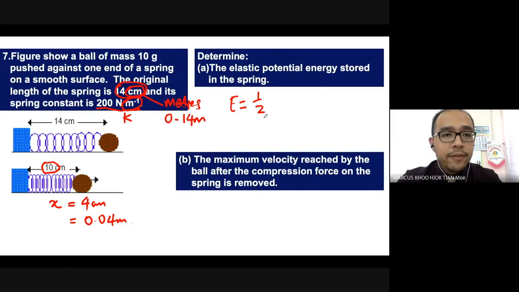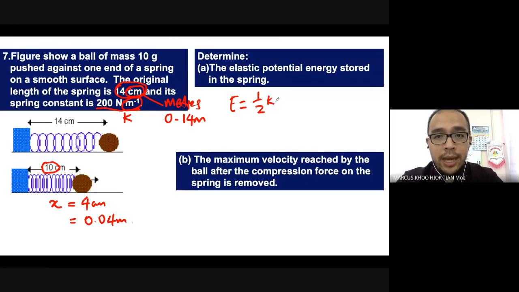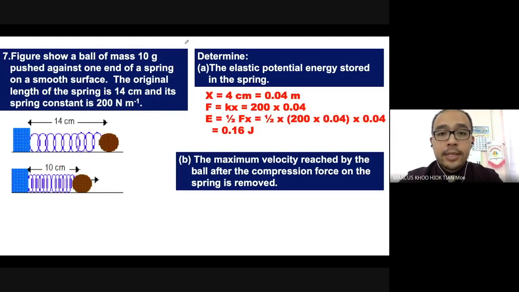Do we have F? 1/2 kx squared. We use kx squared because you are given k. If you're not given F, then use the other formula. That's why there are two formulas. You can use this also, but you will get 0.16 joule.